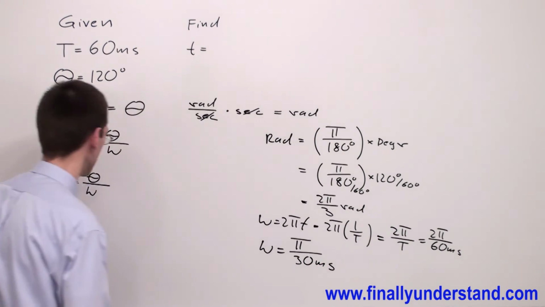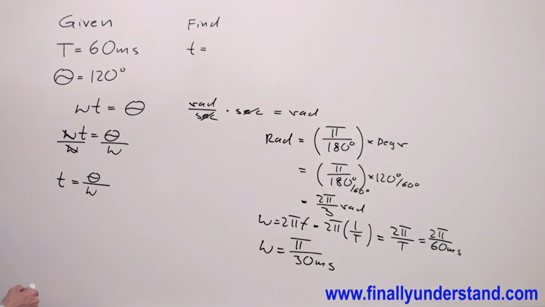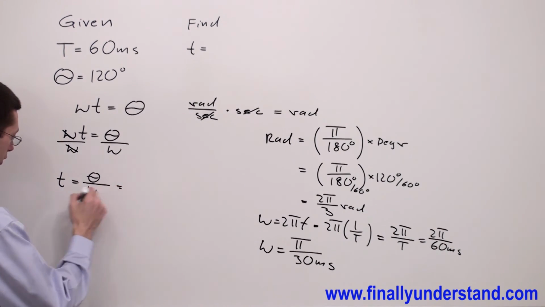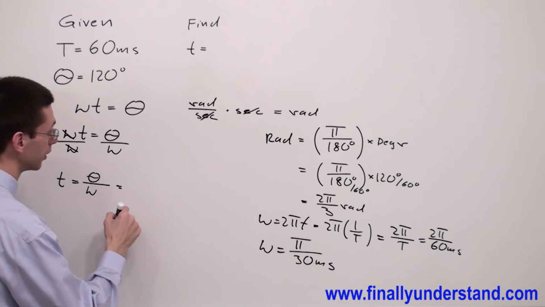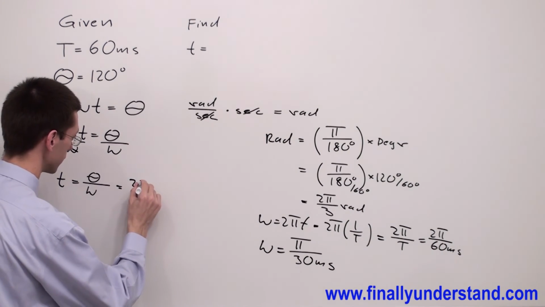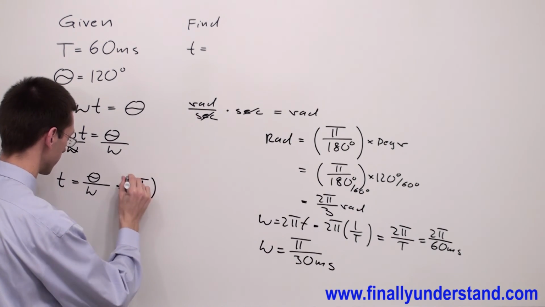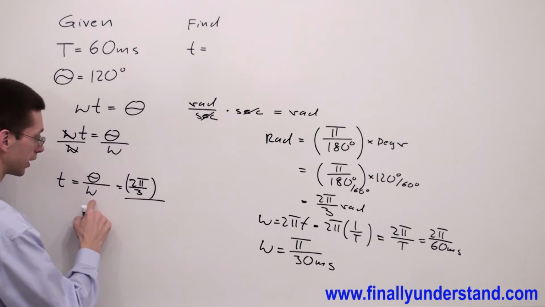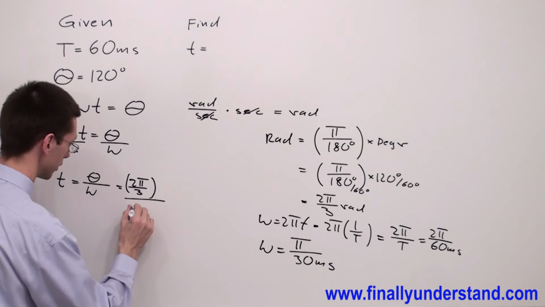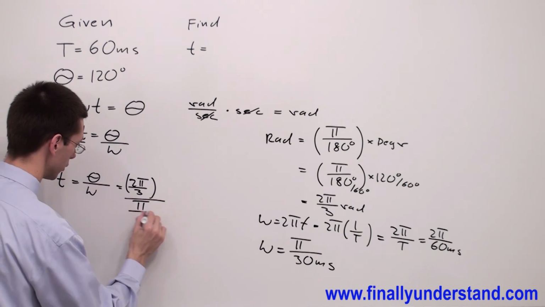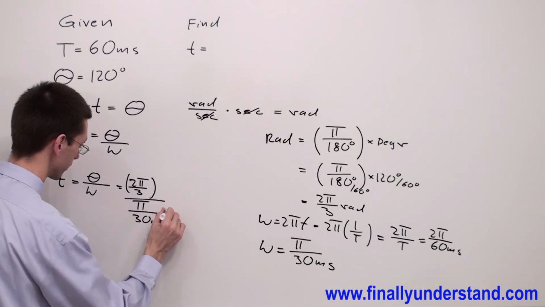Next, I have to plug everything into my formula for t. Theta is equal to 2 pi over 3. Omega is equal to pi over 30 milliseconds.